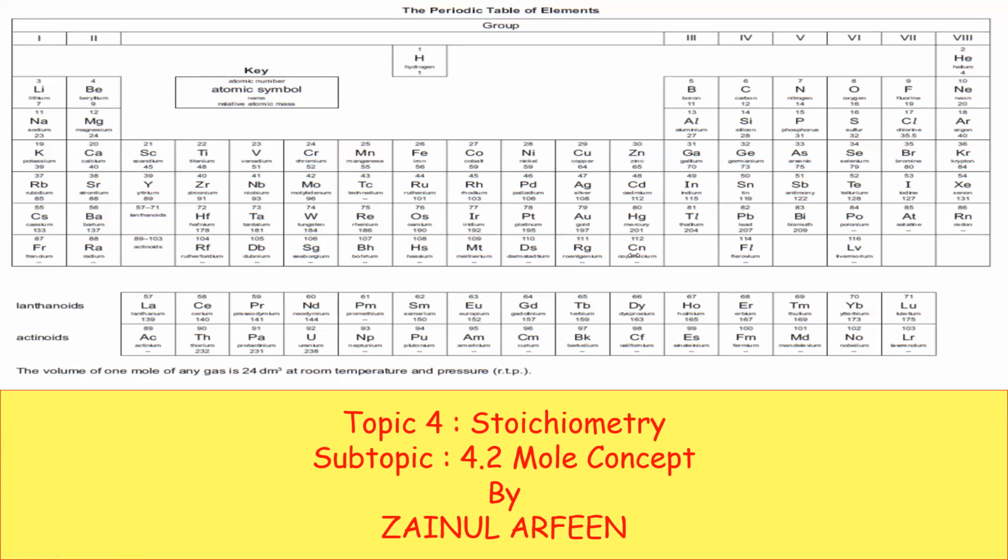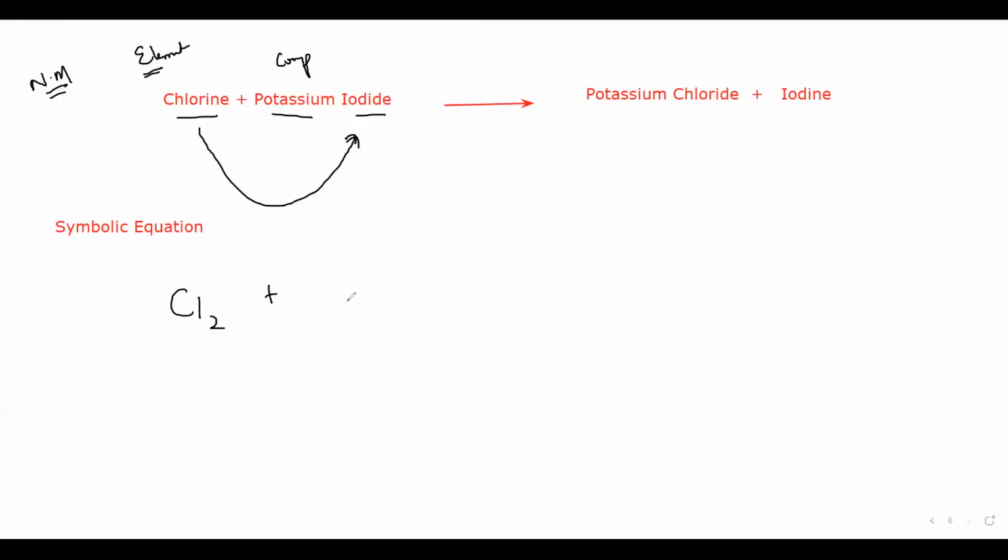Potassium is group 1, so it will be +1, and iodine is group 7, so it is -1. What will be the formula of potassium iodide? We cross multiply the valencies, so it will be KI.